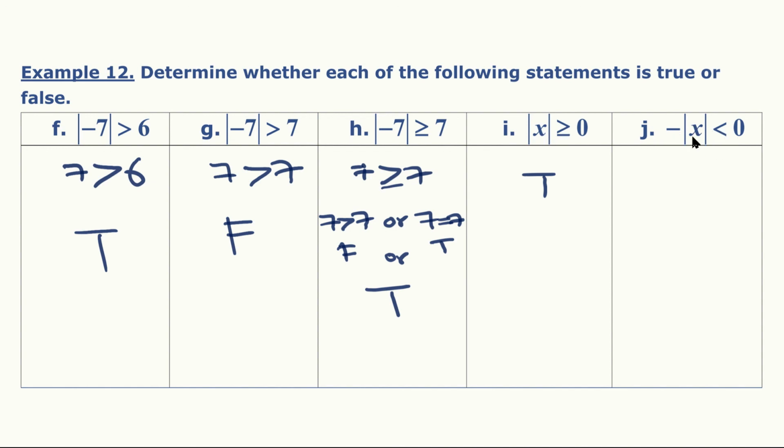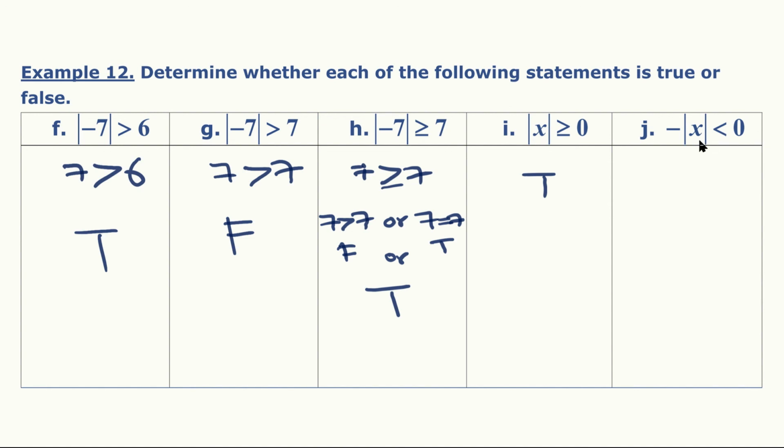How about this one? It's saying the opposite of the absolute value is less than 0. Well, you got to be a little bit careful here, okay? Because it's very tempting to say, yeah, that's true. We just said this is true, so this should be true too, right? For very similar reasoning.